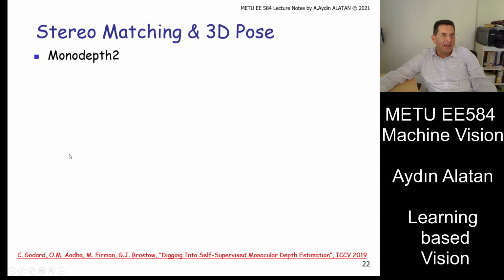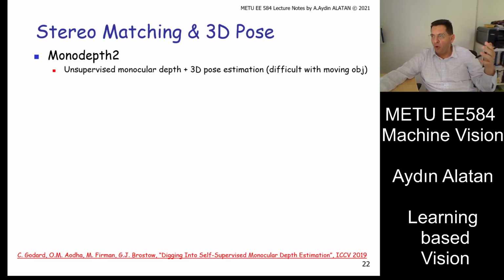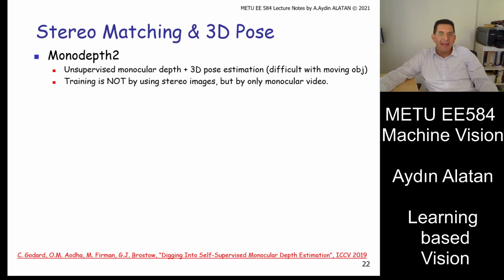Now, my final algorithm will be Monodepth 2, which is a continuation of Monodepth, which requires stereo. The authors, affected from SFMLearner, say, how about doing all these things using a mono algorithm? And again, this is completely unsupervised, okay?